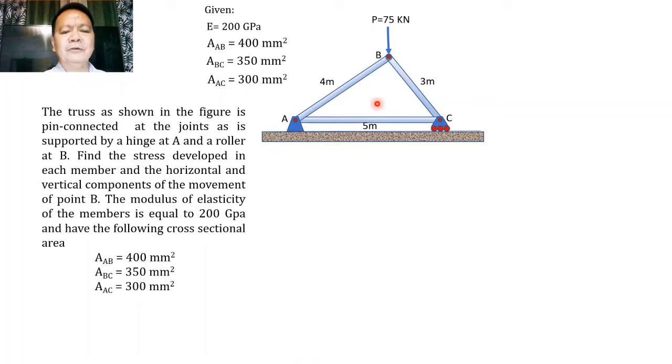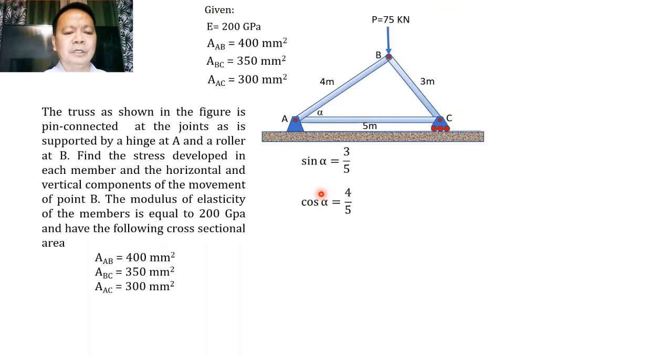So because of this triangular truss, we would expect that this angle of the triangle may be assigned an angle alpha whose function can be identified from the dimension. As such, we can say that the sine of this angle alpha will be equal to the ratio of the opposite side to the hypotenuse of the triangle, and that is equal to 3/5, which when simplified into a decimal value is equivalent to 0.6.